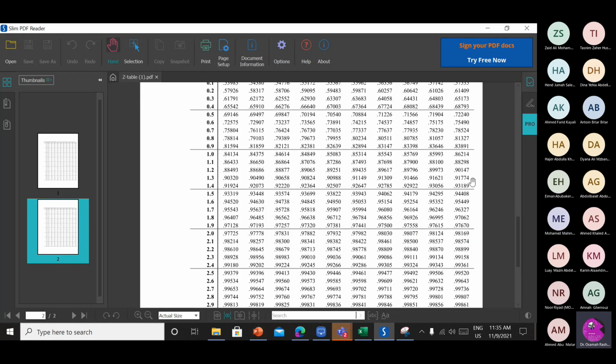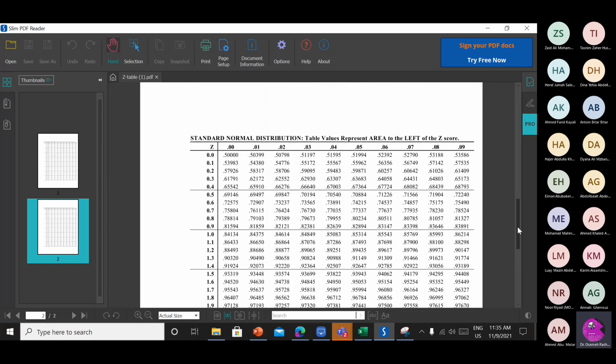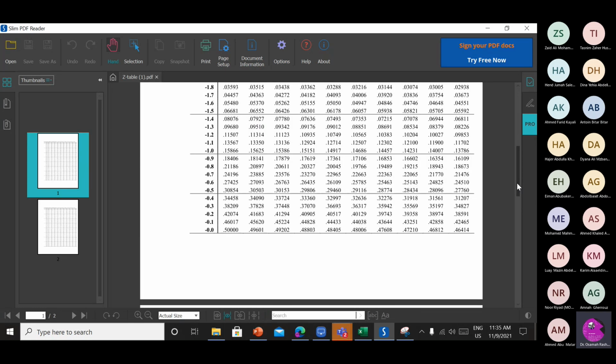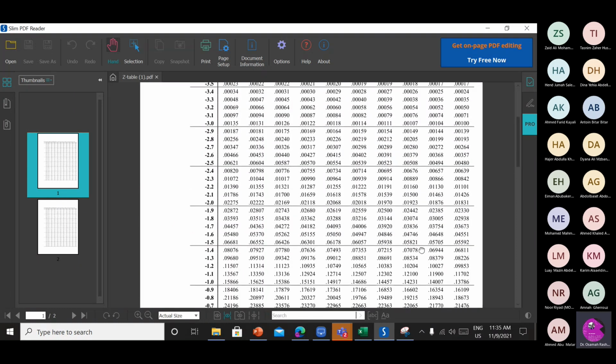You are looking, Z table has a negative and positive, right? You are looking for Z alpha over 2. Alpha over 2 is less than 0.5, so you will catch it in the negative Z. So you are looking for 0.025. So 0.025, you will catch it very close to the 1.96, right?